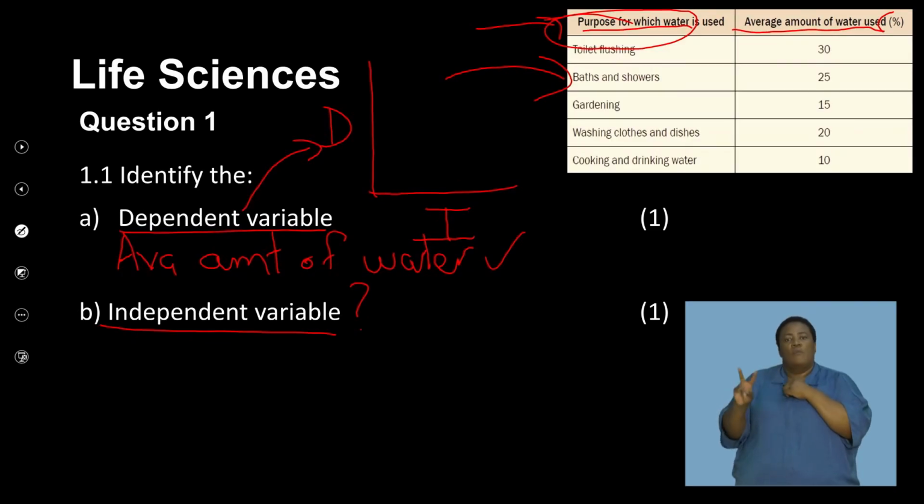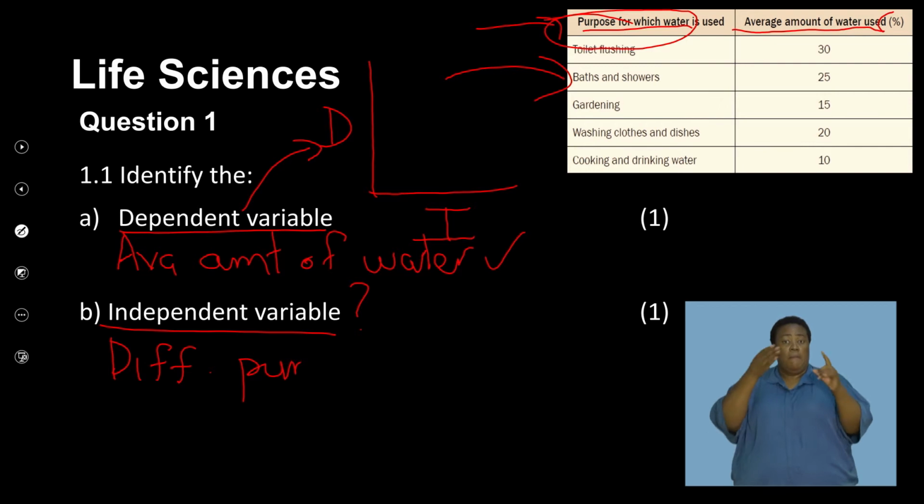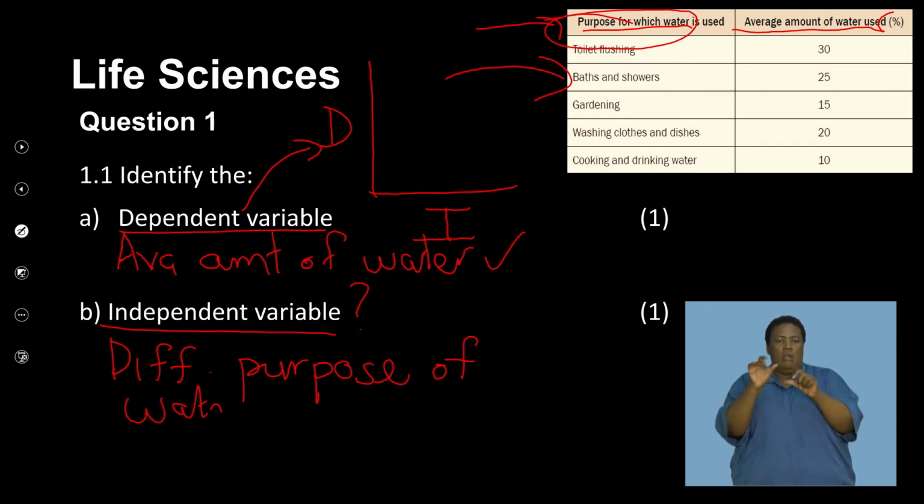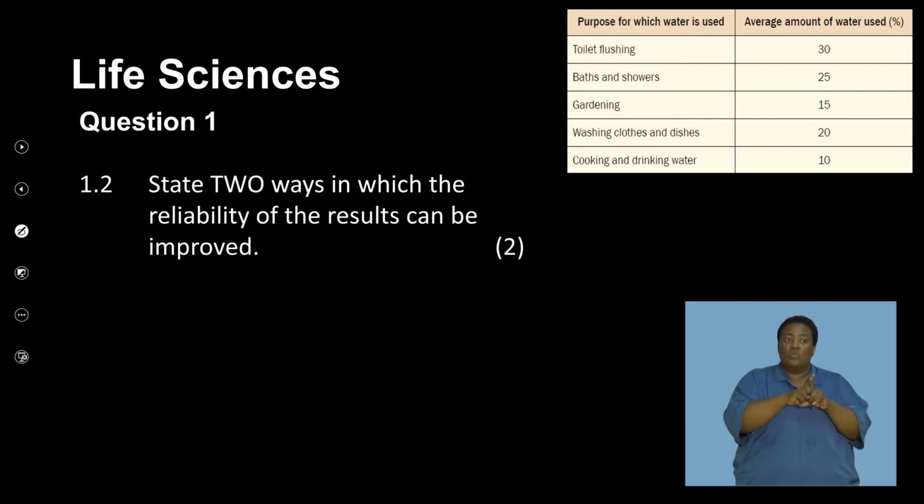You can see that they went around to those 5 households and established exactly what purposes the water was being used for, and they were able to measure the percentage being used. That's quite an interesting question, and it's important to establish that at the onset of an experiment.